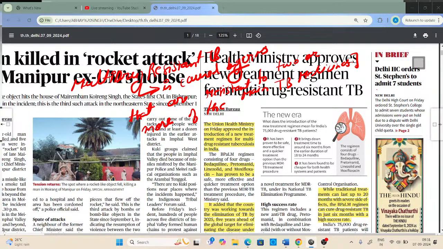Now, what are these main medicines of TB that are used to cure tuberculosis?